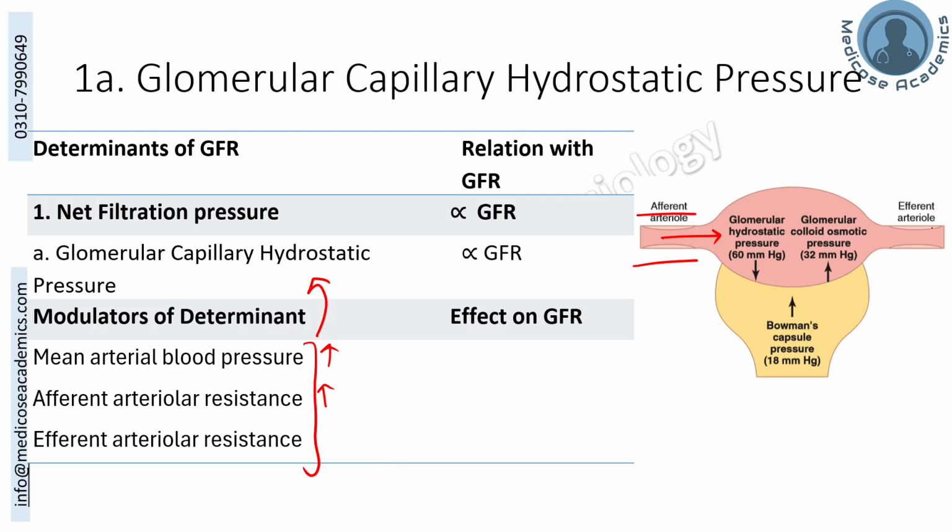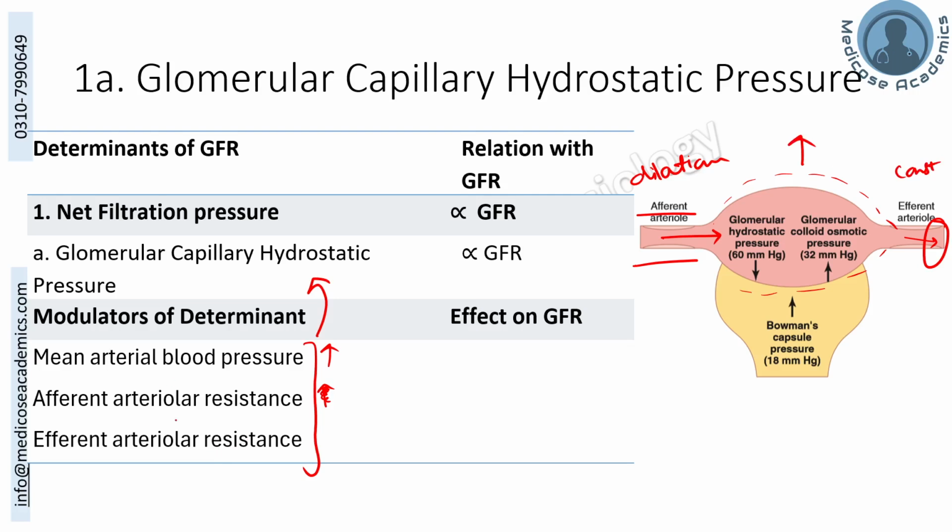But if we constrict the efferent arteriole, this will occlude the passage of fluid out of it, rather lead to accumulation inside the glomerular capillaries, thus increasing the glomerular capillary hydrostatic pressure. So, afferent arteriolar dilatation and efferent arteriolar constriction are going to increase the glomerular capillary hydrostatic pressure.